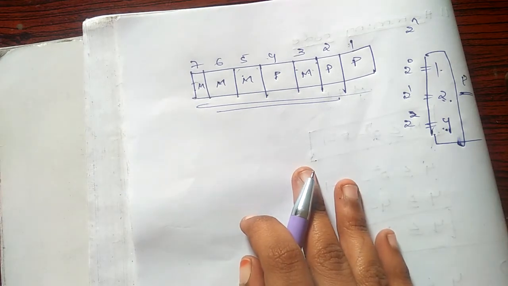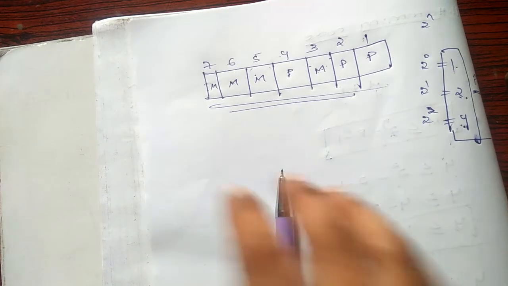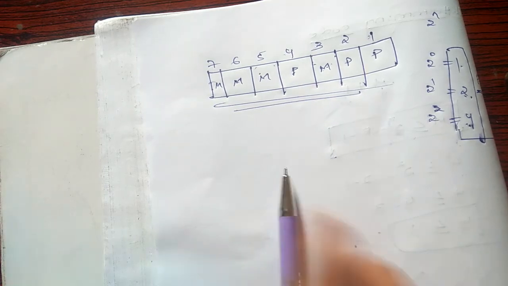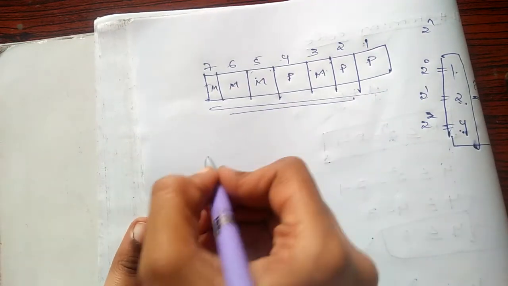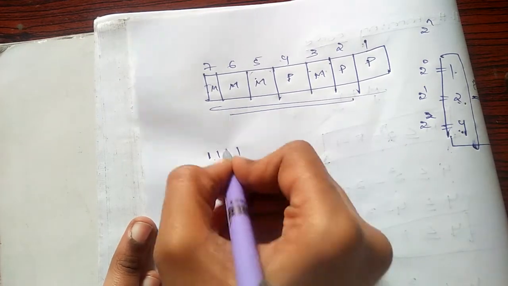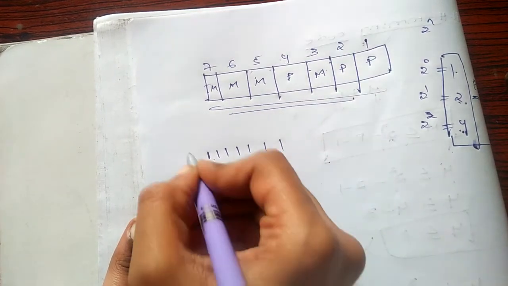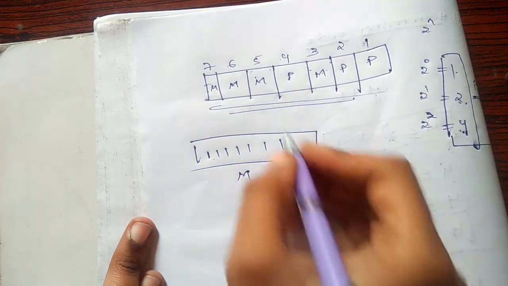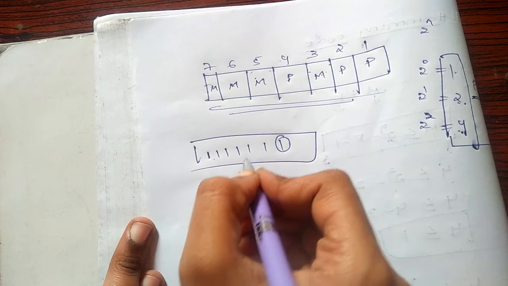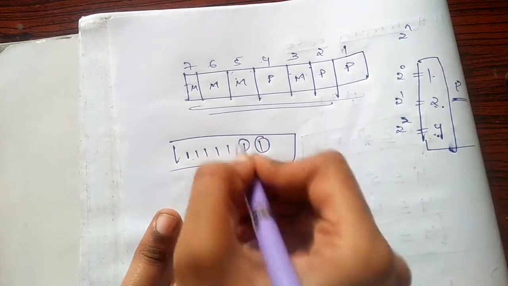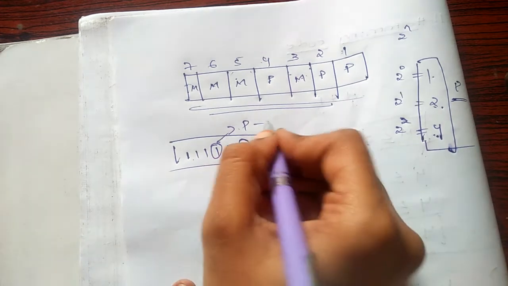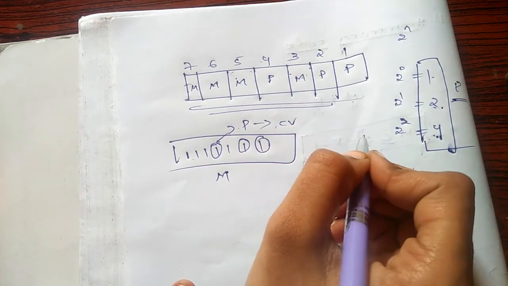For example, you have a code. Let me tell you what is written here. See, I have 1, 2, 3, 4, 5, 6, 7. So this is my message. In this message, the 1st, 2nd and 4th positions are parity. Here I am considering even parity.